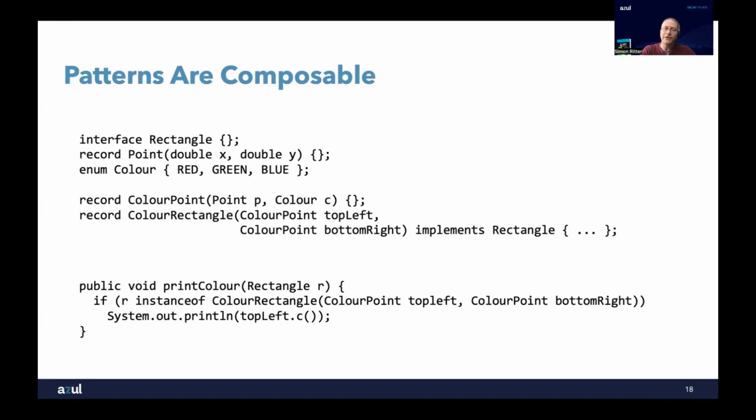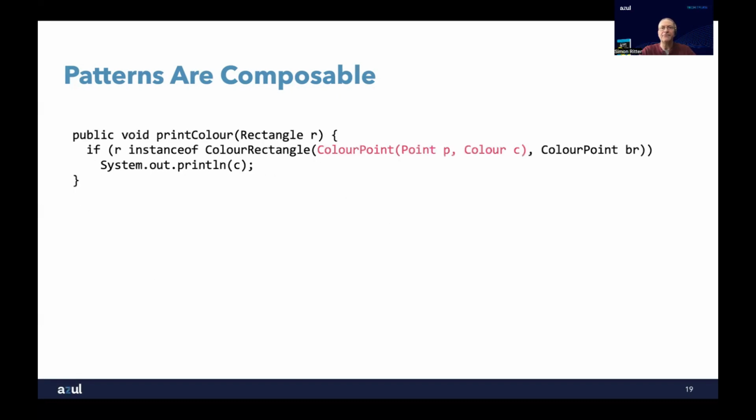And then we can use topLeft, and we can call the color on that using the reference to the record value. Obviously, we know that ColorPoint is also a record, so we could expand that further, and we can say if our instanceof ColorRectangle, and then we can use the record declaration for ColorPoint, Point p, Color c, and then we'll call ColorPoint the bottom right, just simplify it to br.